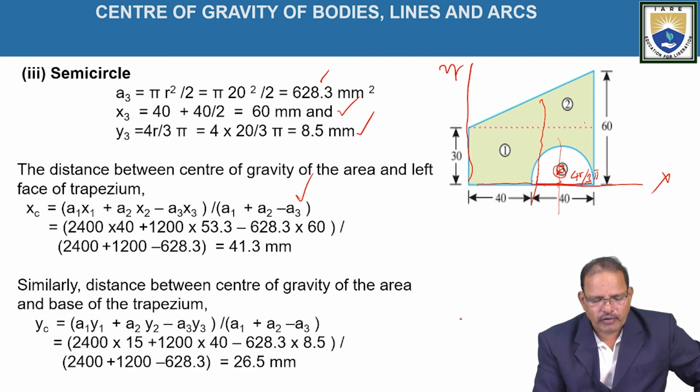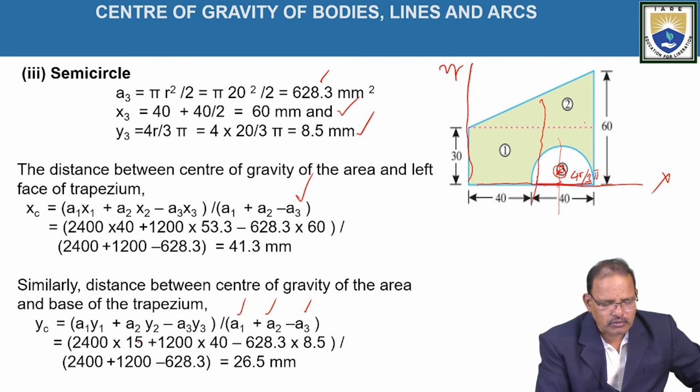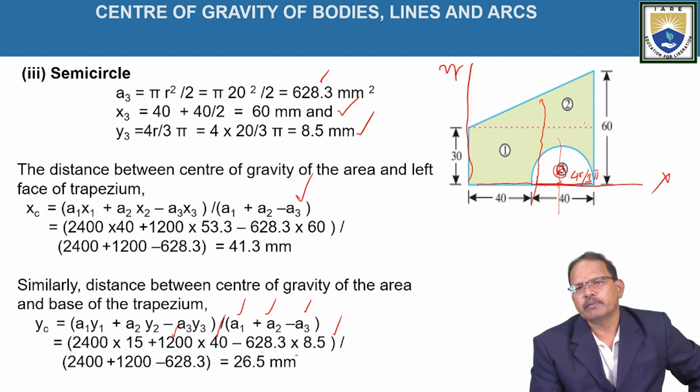Similarly, yc is equal to a1 y1 plus a2 y2 minus a3 y3, divided by a1 plus a2 minus a3, which is equal to 2400 into y1, 15, plus a2, 1200, into y2, 40, minus 628.3 into 8.5, divided by a1 plus a2 minus a3, which is equal to 26.5 mm.